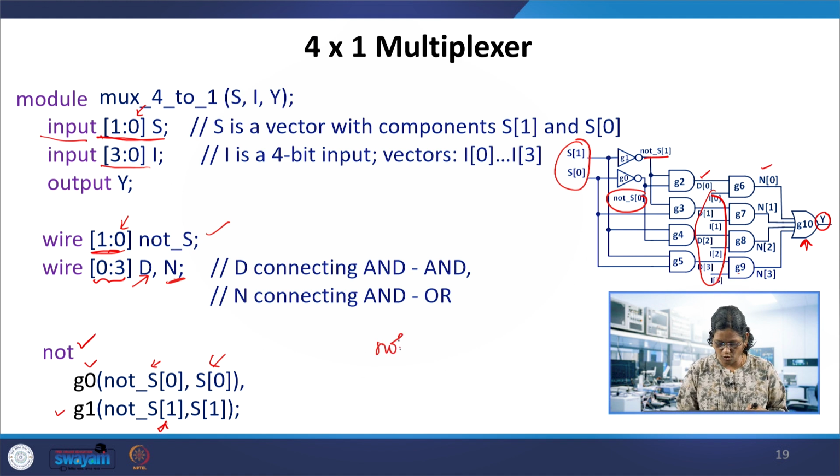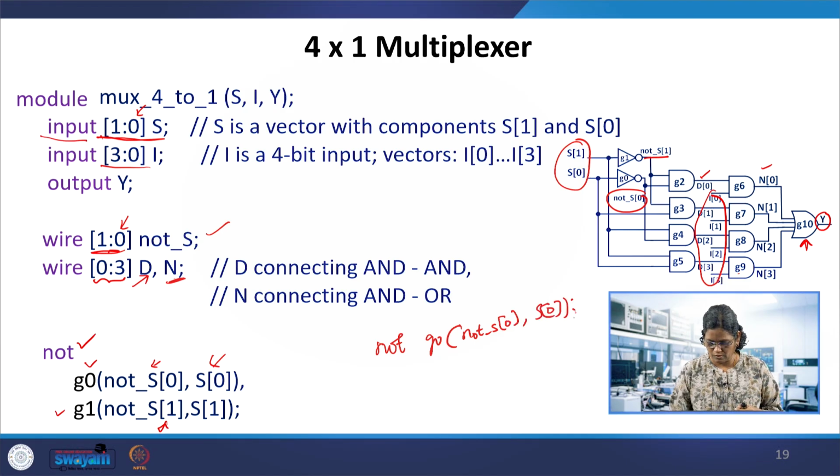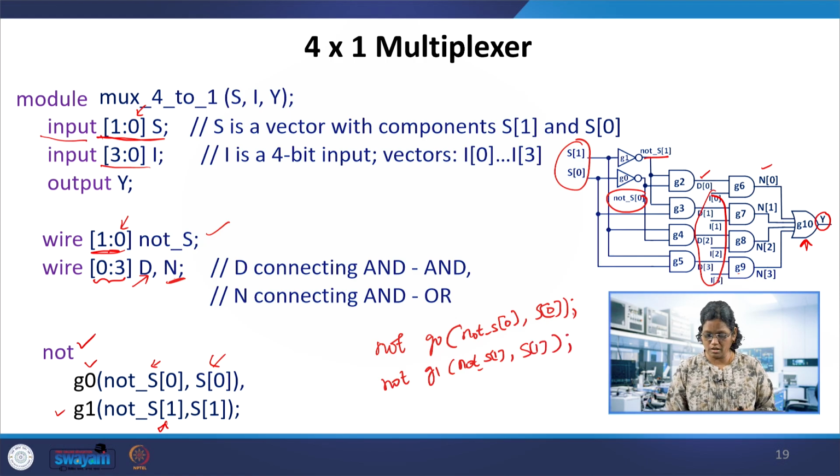Instead of writing NOT G0 with its output and input S of 0, semicolon, and again NOT G1 with S1 and S1, semicolon, this can be avoided by putting a comma. So all the NOT gates can be combined and instantiated.